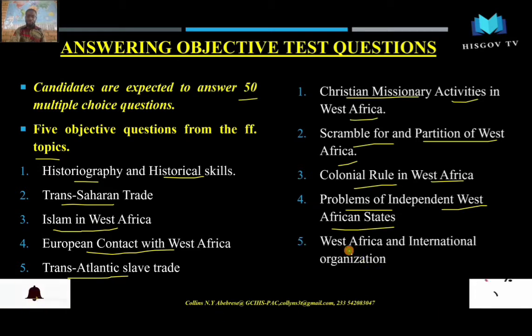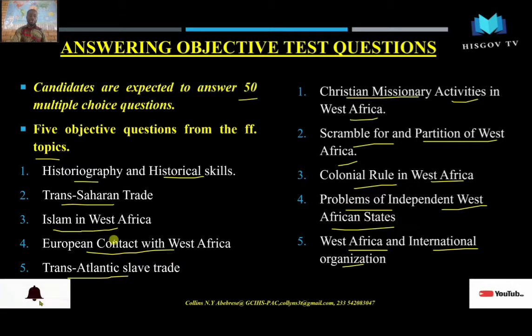Then the next one is the West African and International Organization. So this is where you should look out for the UN, ECOWAS, AU, the Commonwealth, and all those organizations that West African countries join.